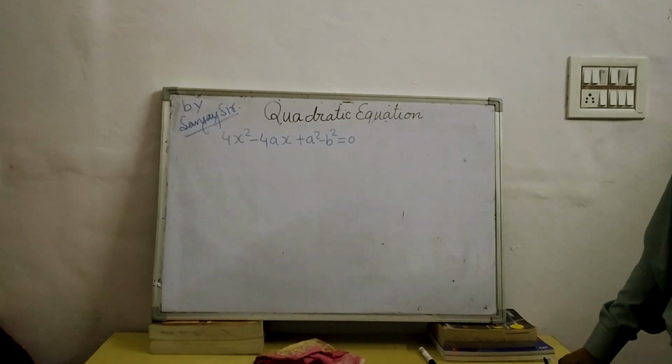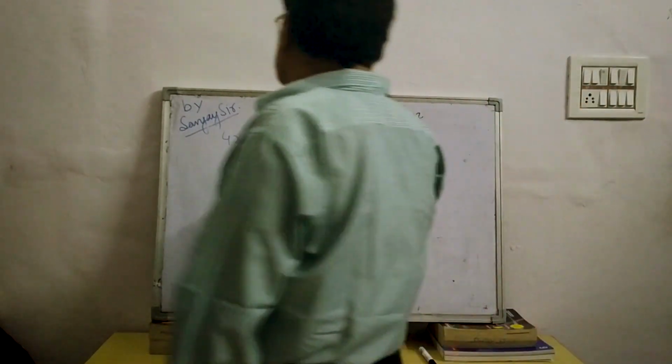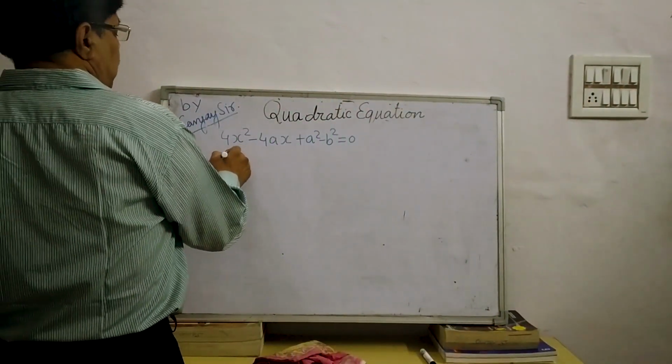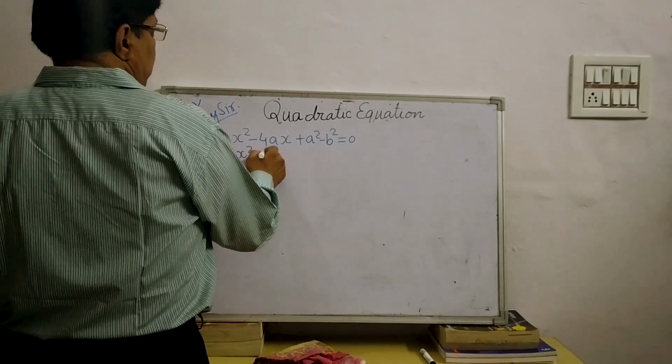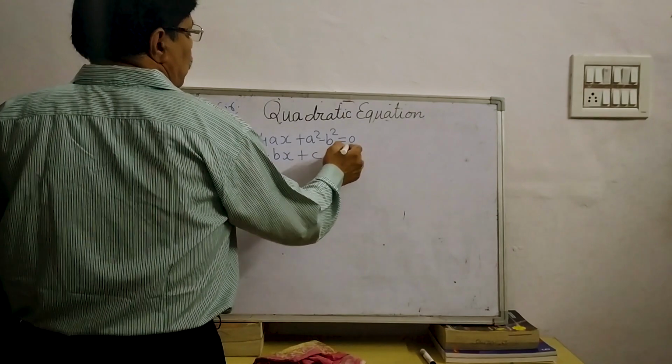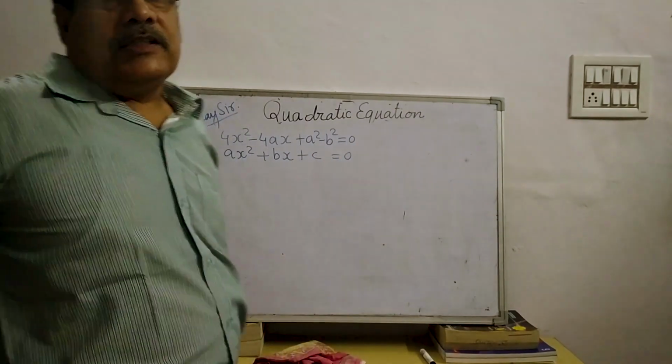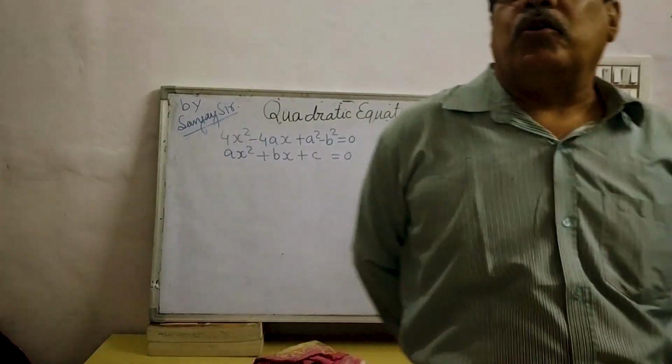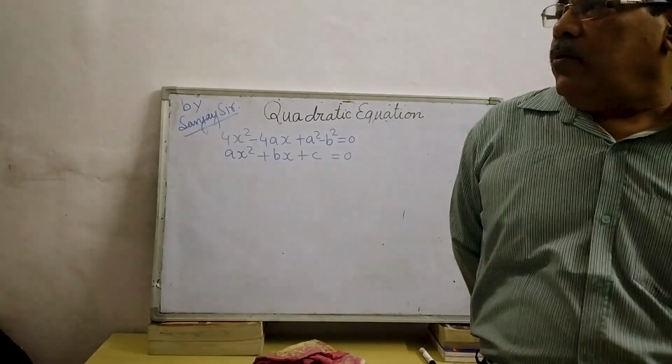Okay, so first of all we will compare it with your standard equation. What is the standard equation? This is your standard quadratic equation: ax square plus bx plus c equal to 0. Now we will compare it.